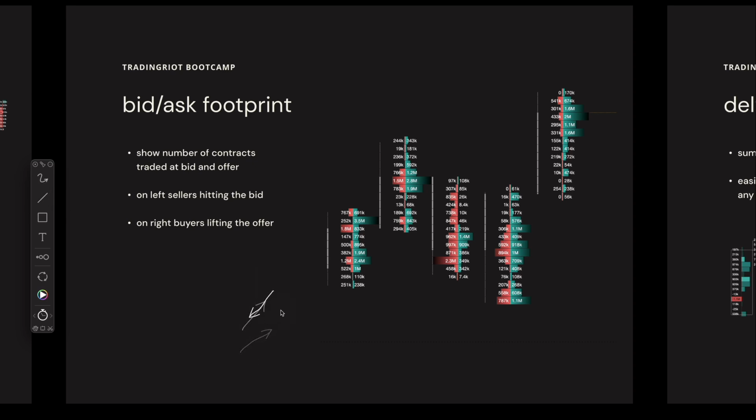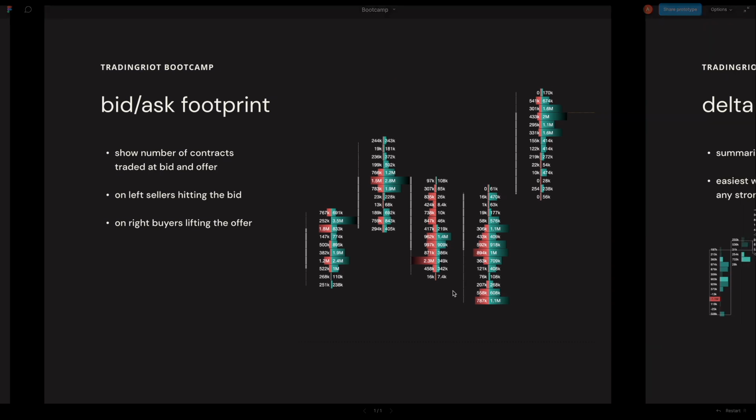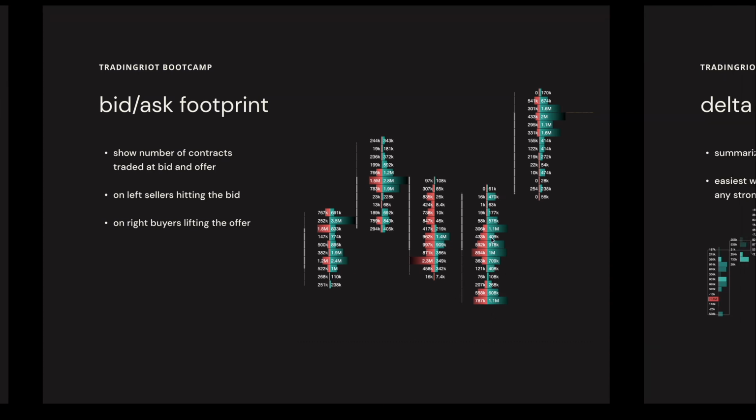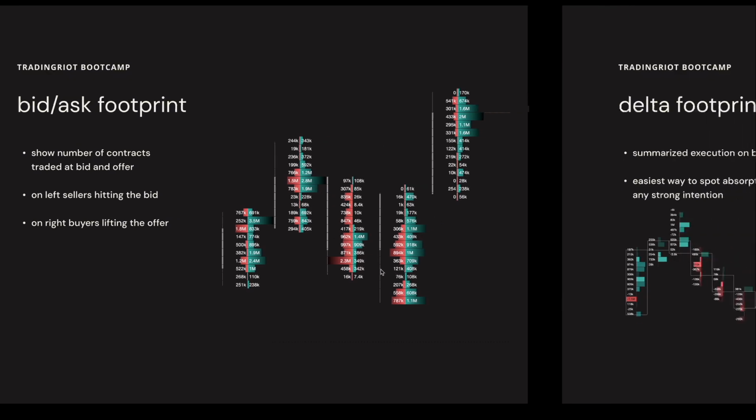Buyers go from right to left, hitting the bid to the downside. So this is how these things happen. This is the simplest way of looking at footprint. You have the bids and the offers highlighted, and numbers representing buying and selling at each price.